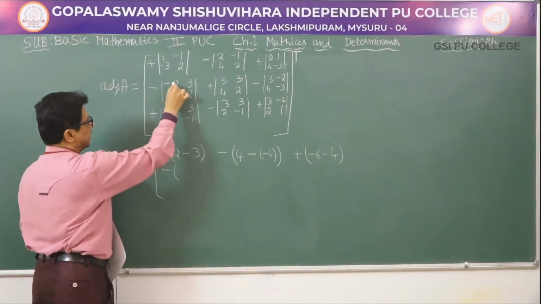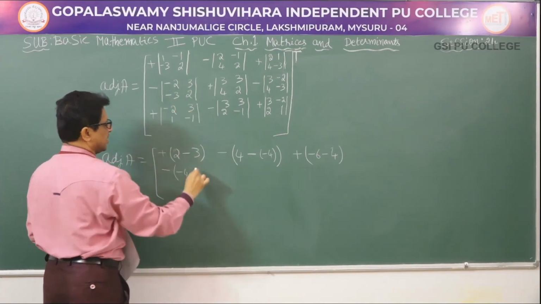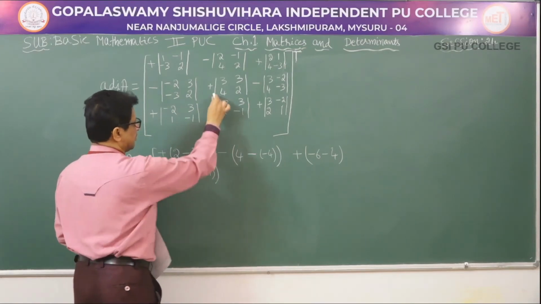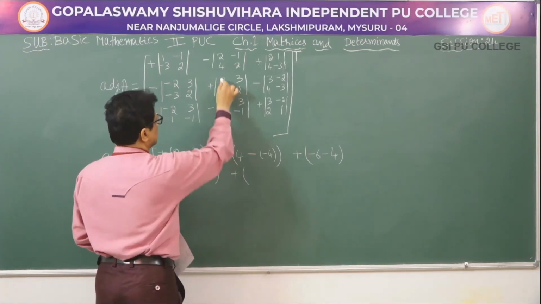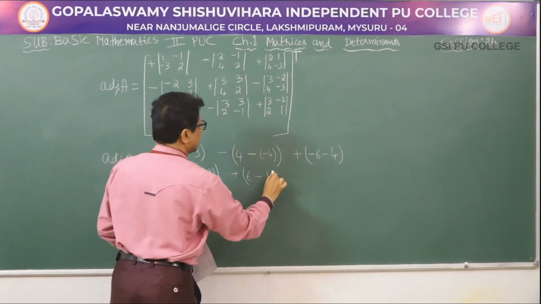Minus of minus 2 into 2 minus 4 minus 3 into 3 minus 9, plus 3 into 2, 6 minus 4 into 3, 12.